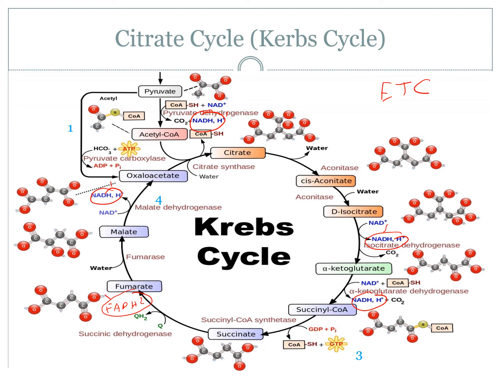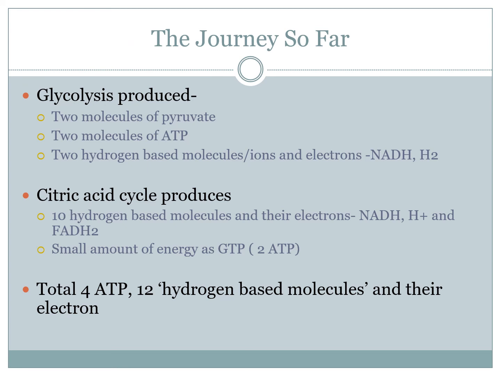So let's just recap our journey so far from that glucose molecule. That glucose molecule has come in and it's gone through glycolysis. The glycolysis process has produced 2 pyruvic acids, 2 ATP, and 2 hydrogen ions with electrons. Now they're in the presence of your NADH and your H2.